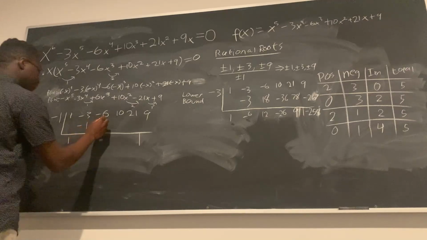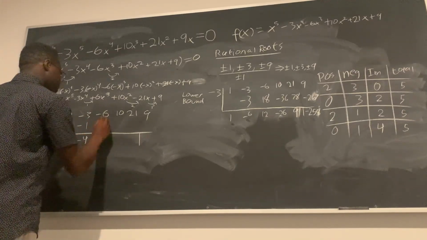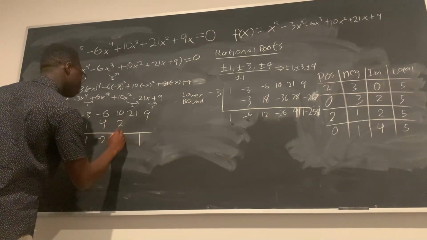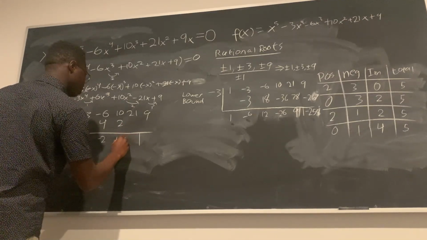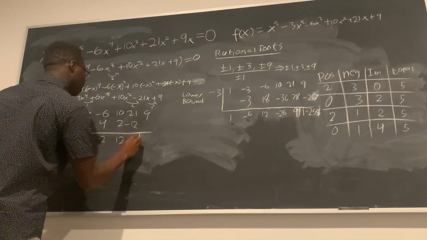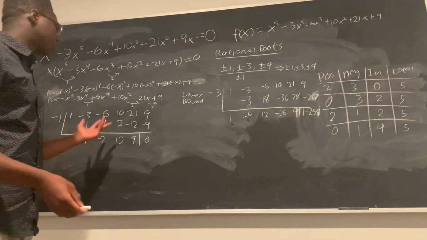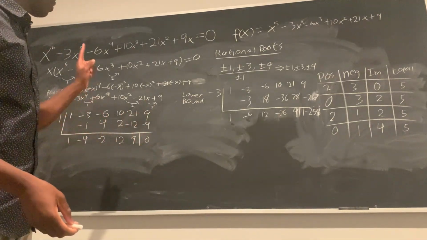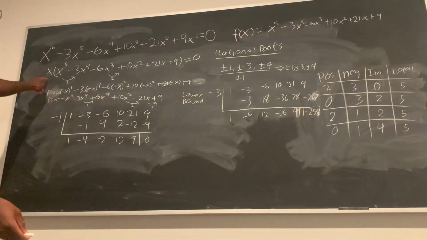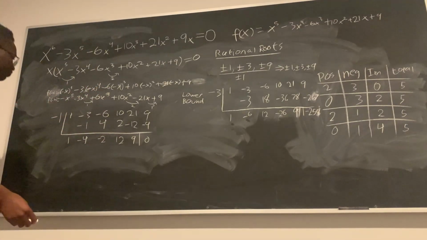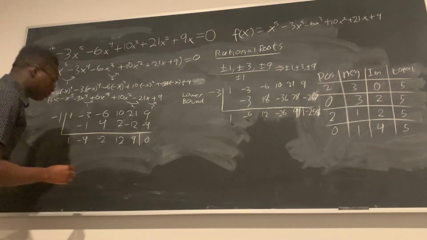Negative 1 times negative 4 is going to be 4. Negative 2, 2, 12. Negative 12, 9. Negative 9, 0. And as we can see here, we find our first zero, except, of course, including x equals 0 up there for the original polynomial.